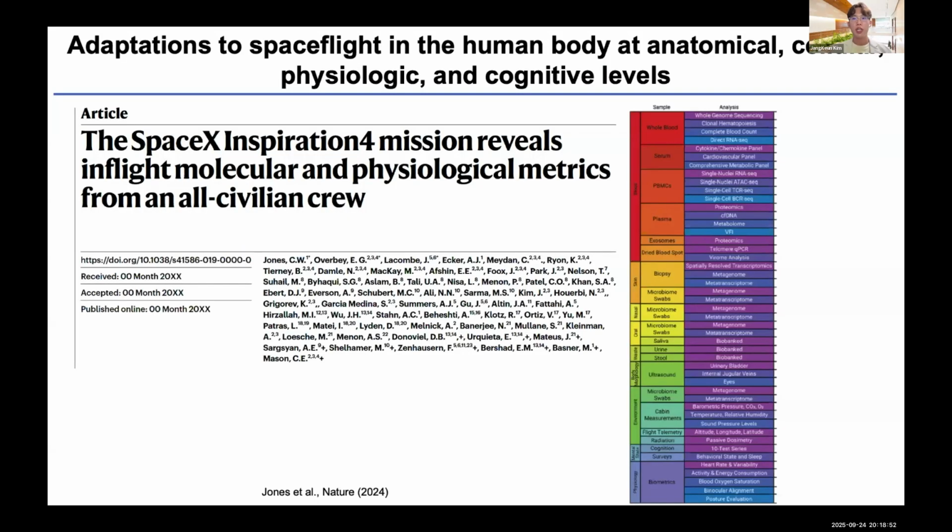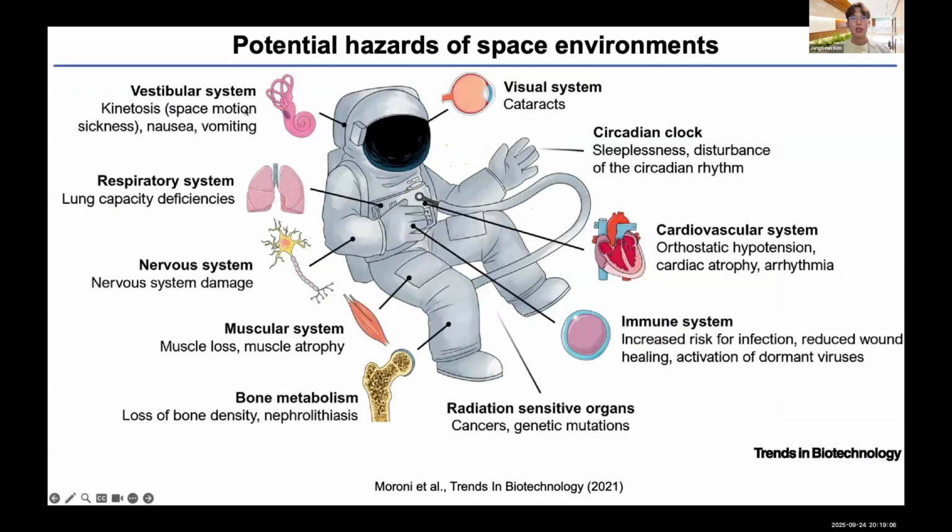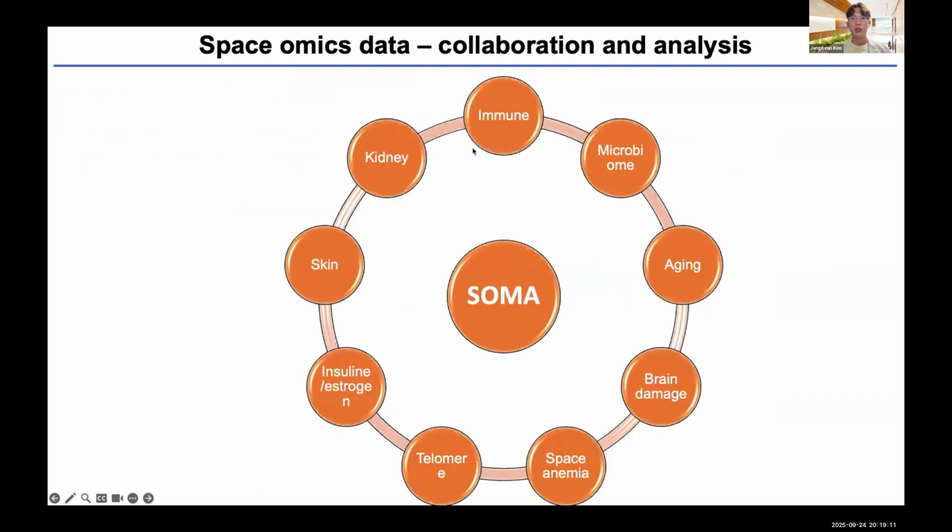The major findings are that we try to provide the adaptation to spaceflight in the human body at anatomical, cellular, physiological, and cognitive levels. There are well-known changes throughout multiple organs. What our team did was provide the database, and we collaborated with our collaborators throughout the country to support their ideas about the well-known physiological changes.